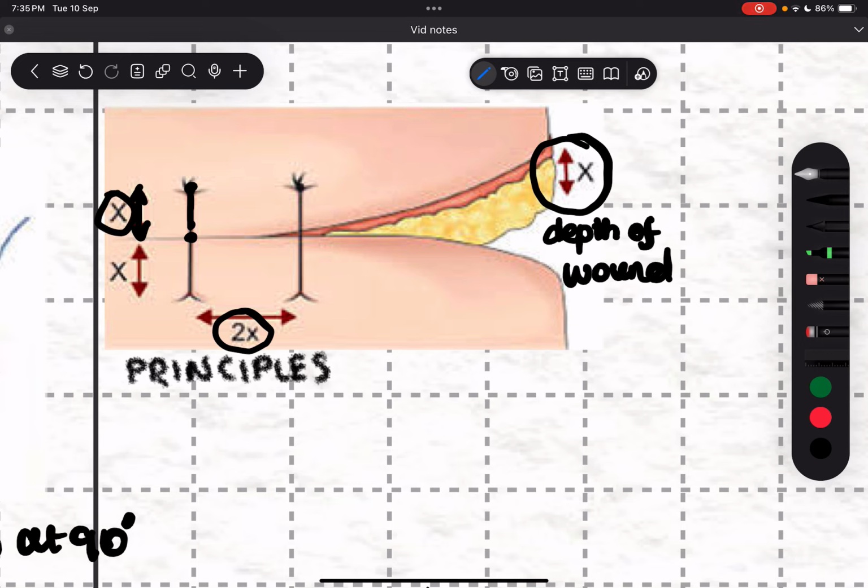So these are the principles. With this, the rules for skin suturing get completed.